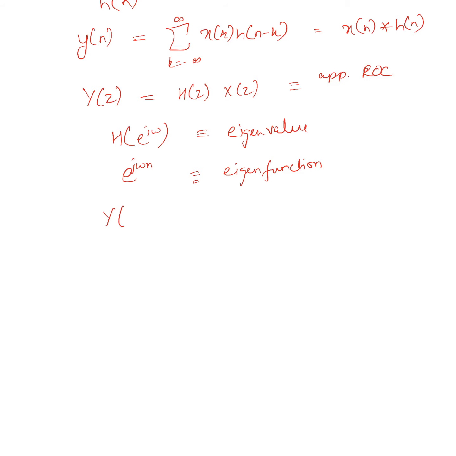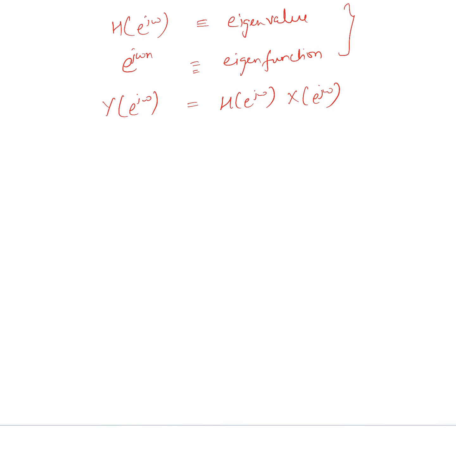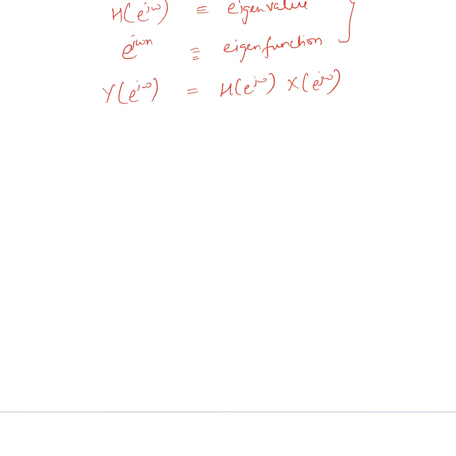Expressing the output in the Fourier transform as Y of e to the power j omega is equal to H of e to the power j omega times X of e to the power j omega, right? And when the input signal is this exponential signal, then we have these two terms also, right?